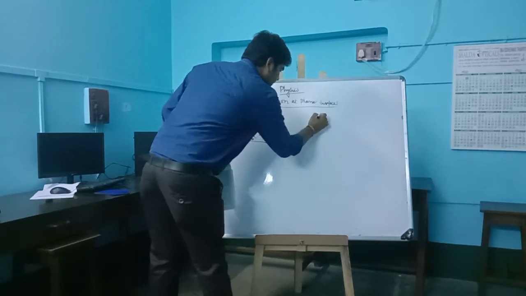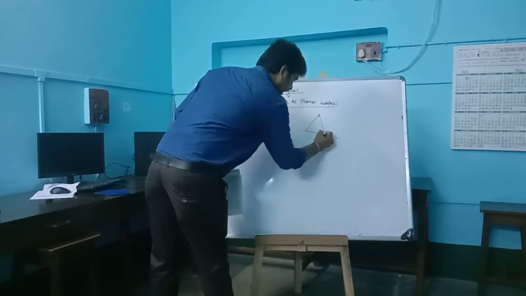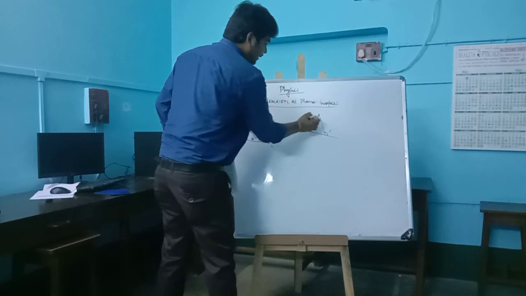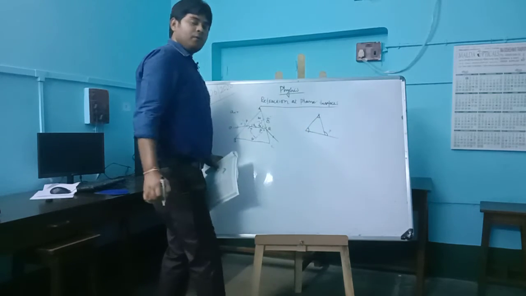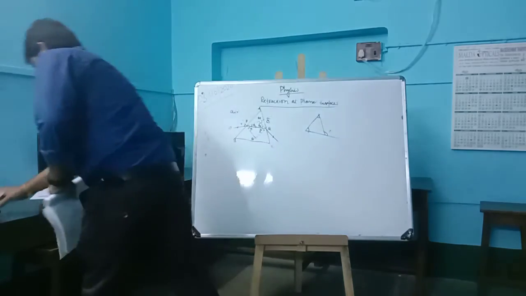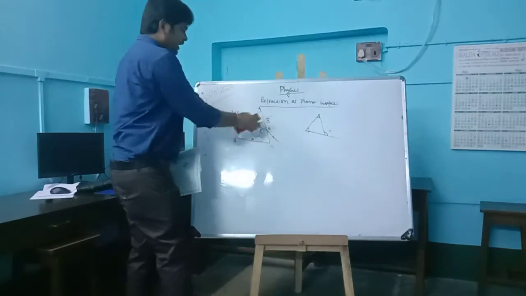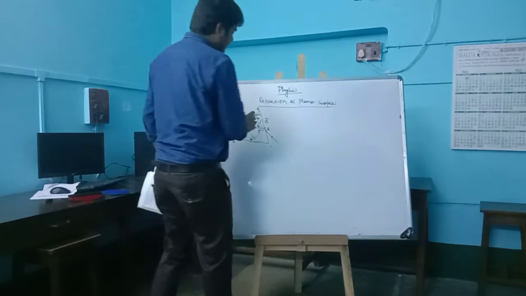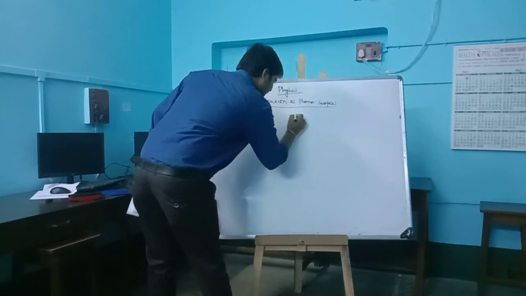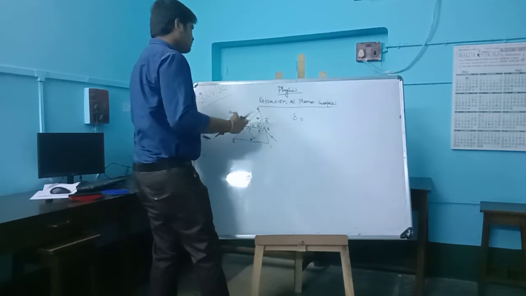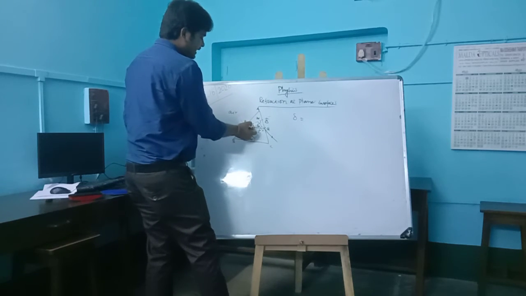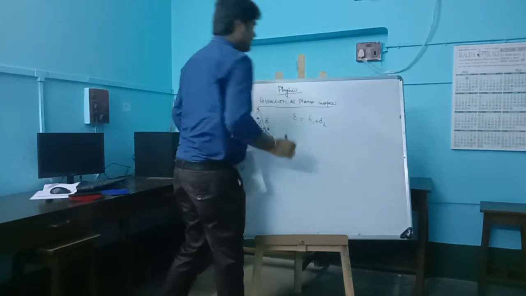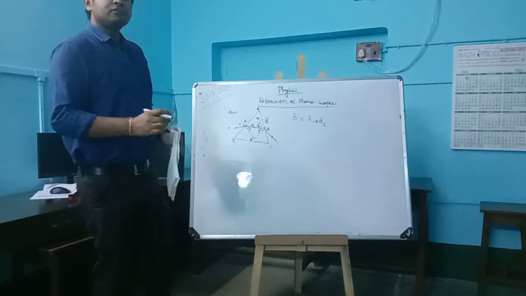If this is a triangle and this is the external angle, this external angle will be equal to the sum of these two angles. Similarly from this triangle PMQ we can write that the external angle is here delta. So delta is equal to delta 1 plus delta 2, as it is the summation of the two opposite internal angles.